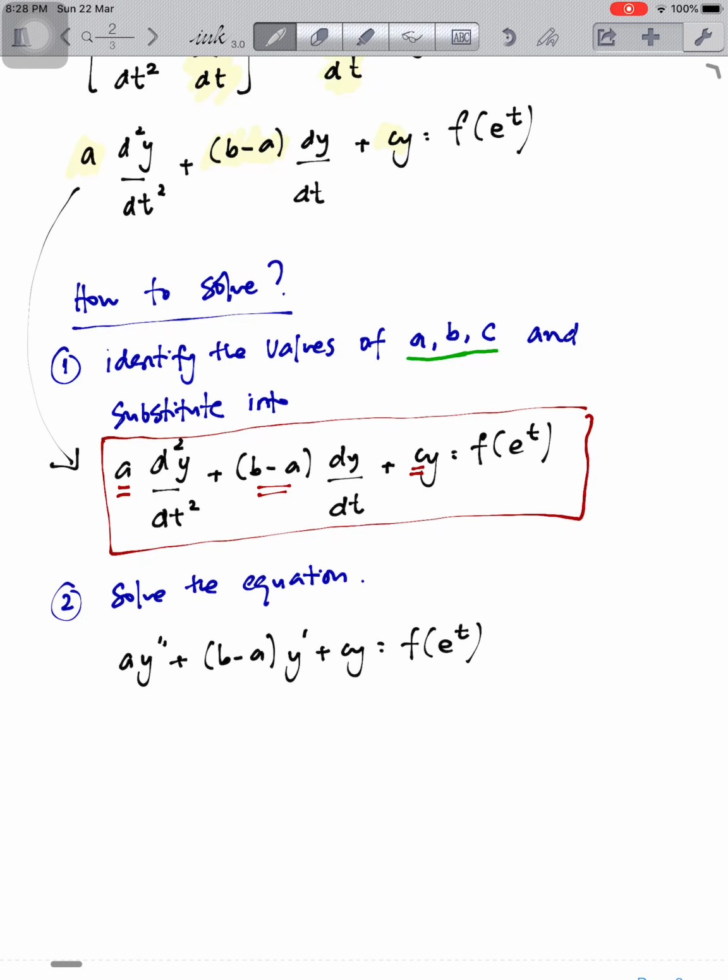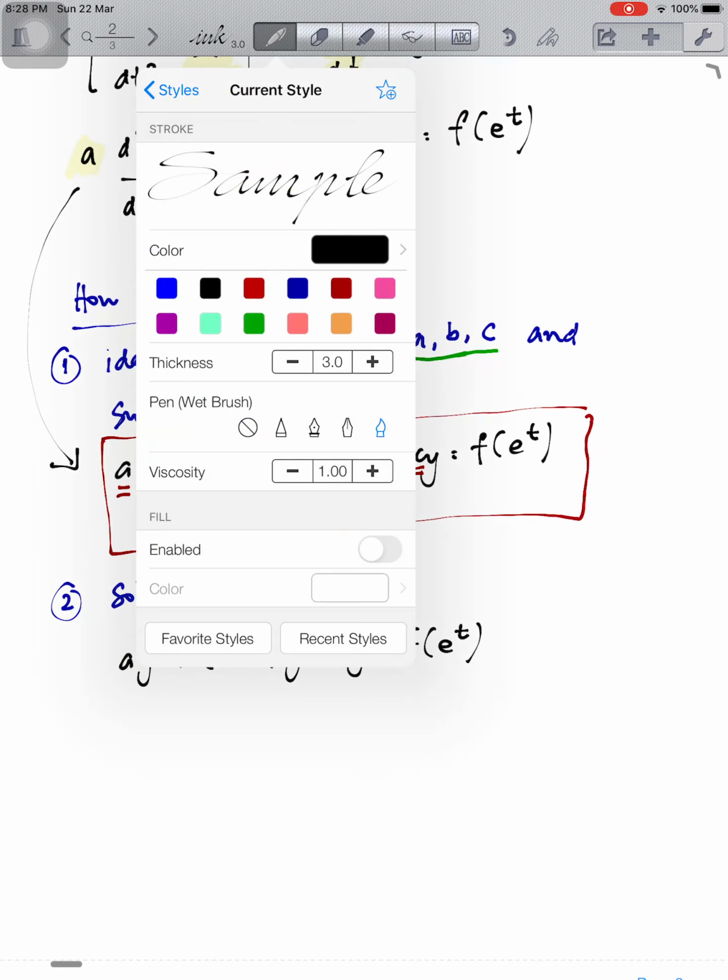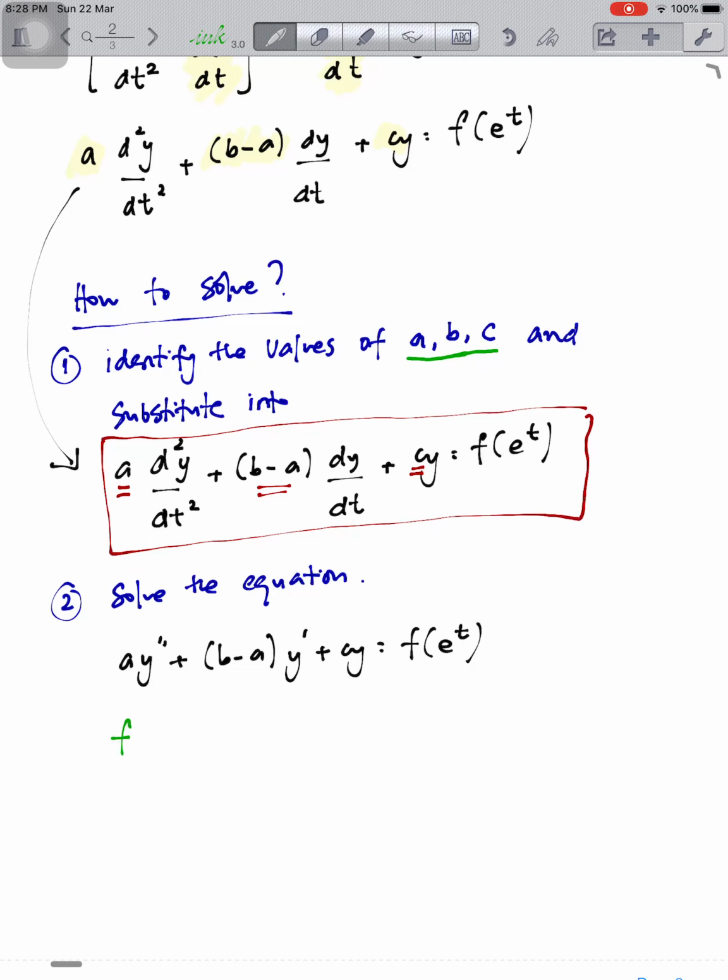Remember we have two types of equation that we discussed before, homogeneous and non-homogeneous. If, for example, the right hand side is equal to 0, f of exponential t equals 0, that is called a homogeneous equation. So basically the solution is simply going to equal yc. You just stop at yc, that's it.